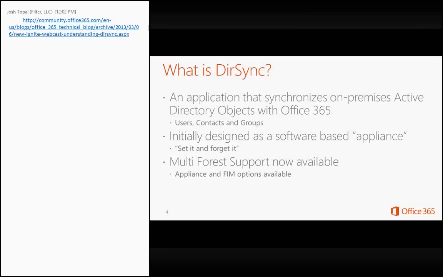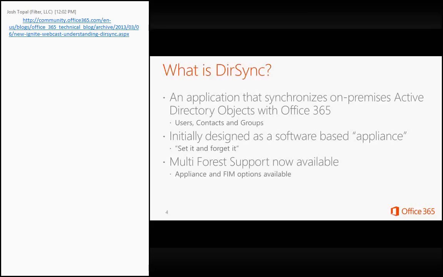Initially, when DirSync was first released, it was literally a download from the Office 365 portal, and you would install the binaries on a particular server, and it would collect the information such as users, groups, and contacts, and specific attributes, which we'll have a look at as we push through this session. It would collect all that information and synchronize that to Office 365.